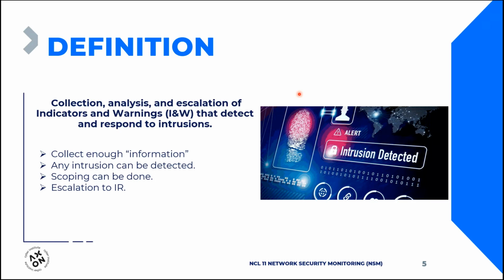What I need to do is collect, first of all, enough information that will give me visibility across my infrastructure. We'll talk about what counts as enough information and why. With enough information, I can guarantee that any intrusion can be detected. And not only can I detect it, once I detect it I am able to scope it.